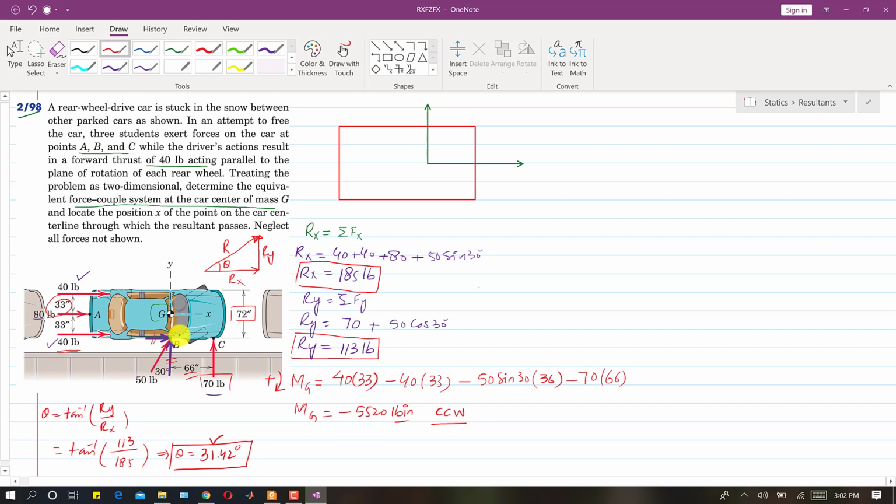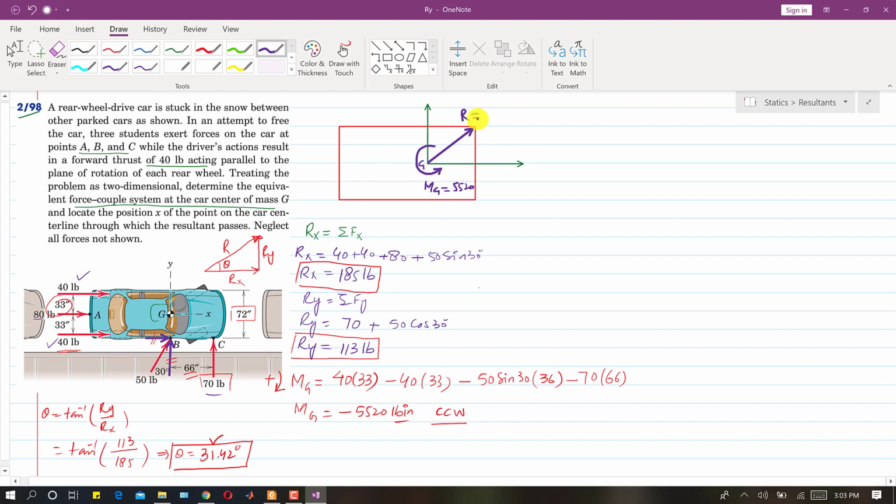Now if we represent these forces by a force couple system, I will draw a force at an angle of 31.42 degrees, and I will draw a counterclockwise moment like this, and I will write that this is the moment about G. This is that point G, and this is equal to 5520.